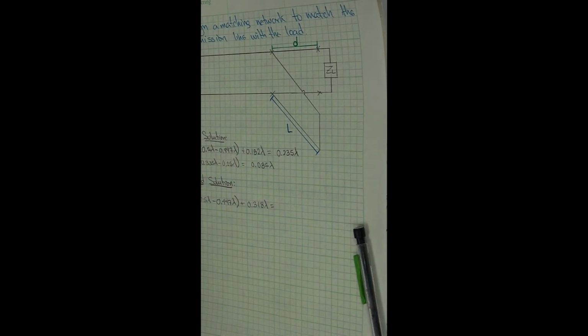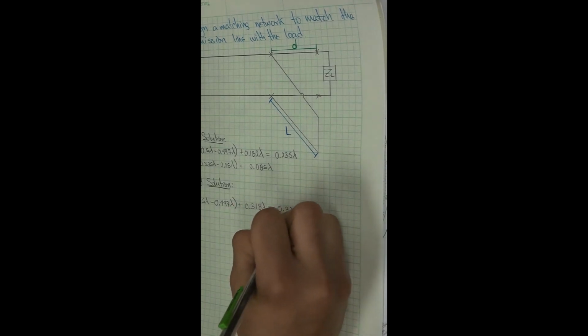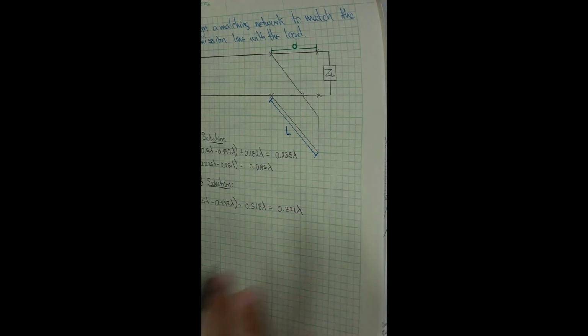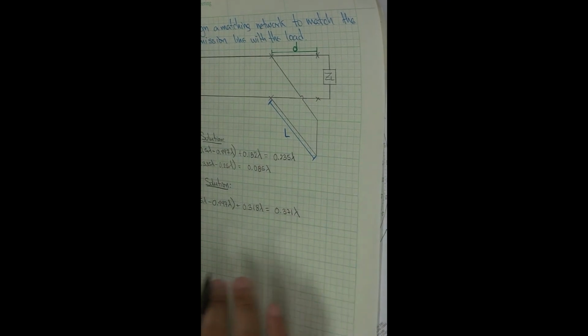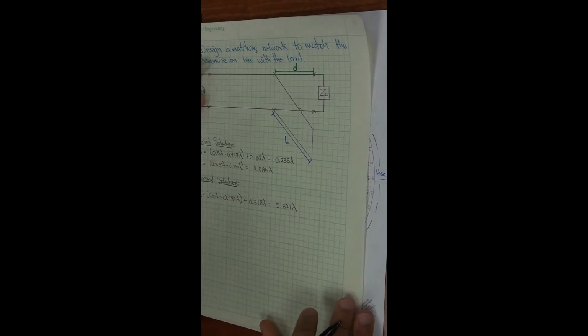This distance will result in 0.5 minus 0.447 plus 0.318. That will give us 0.371 lambda. This will be the second solution for our D distance.